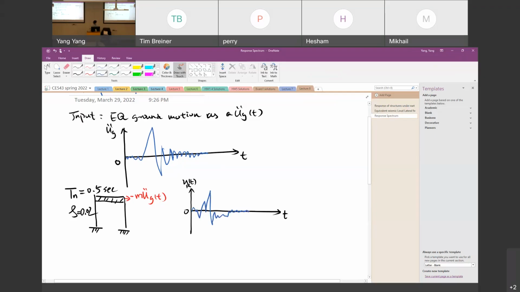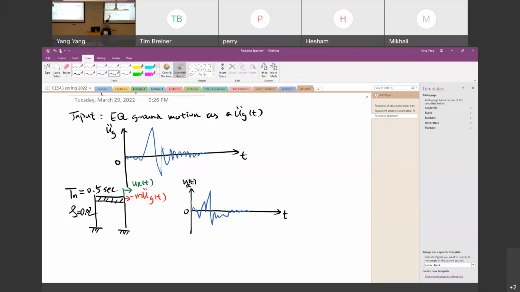This is the response of the mass here, u(t). So this is the force p(t) applied to this structure.